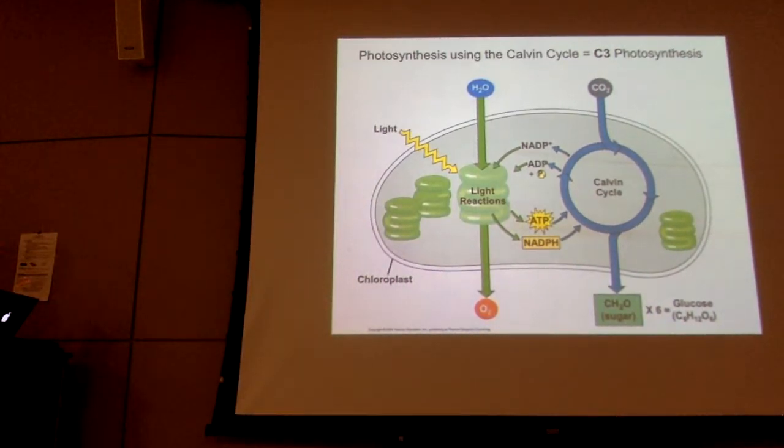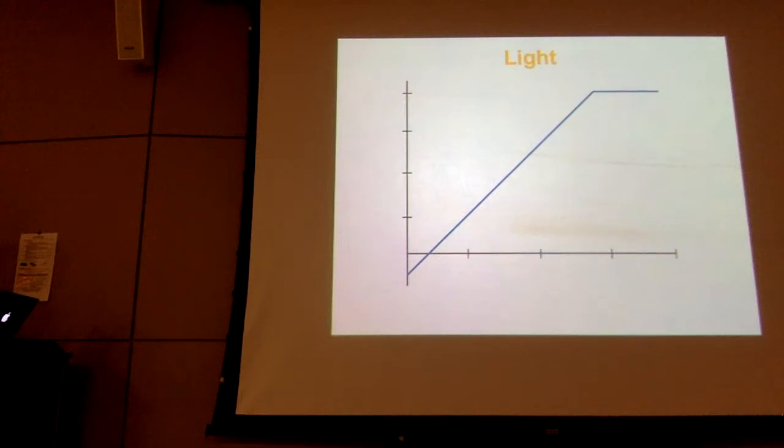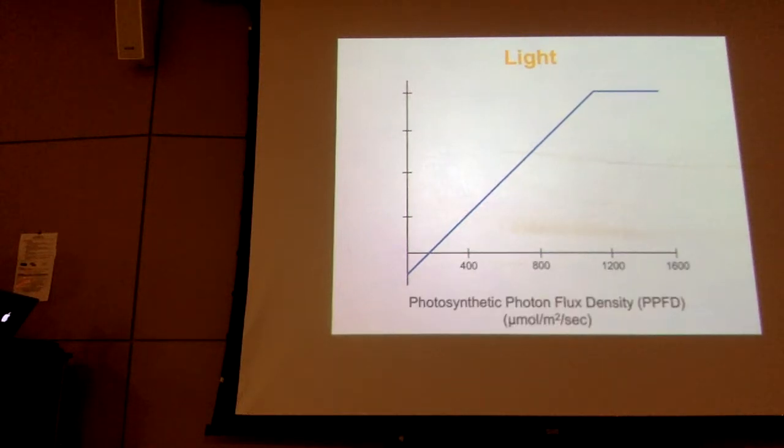We're going to talk a little bit about C4 today, but before we get to that, I want to go back a little bit and talk about this relationship between photosynthetic rate and light. All right. So photosynthetic rate, you can think of as the rate of carbon fixation that's happening, right?